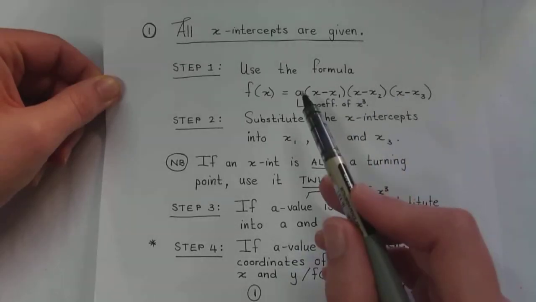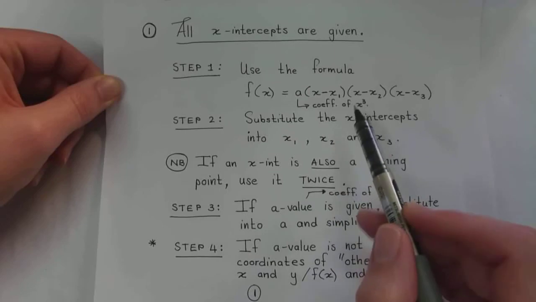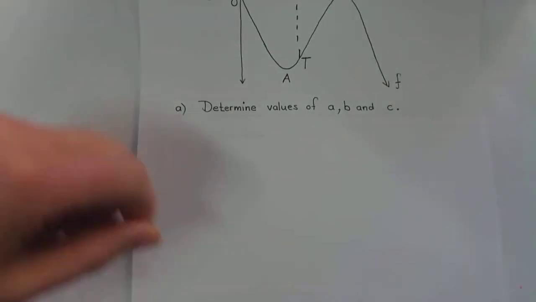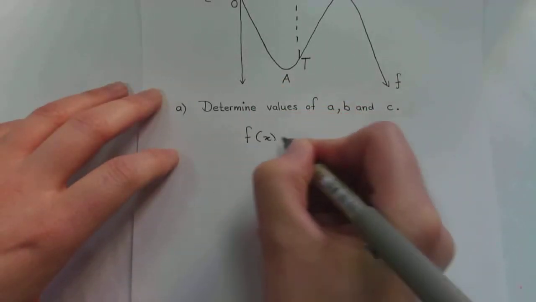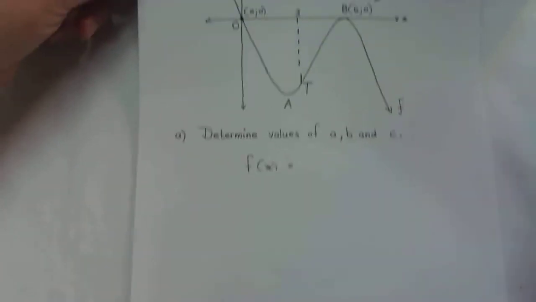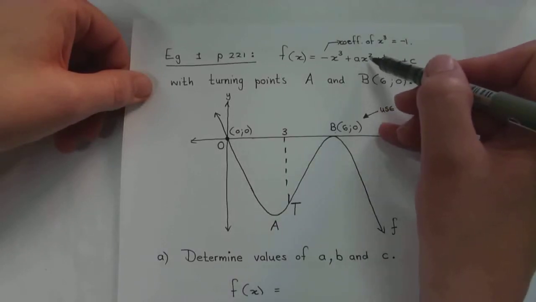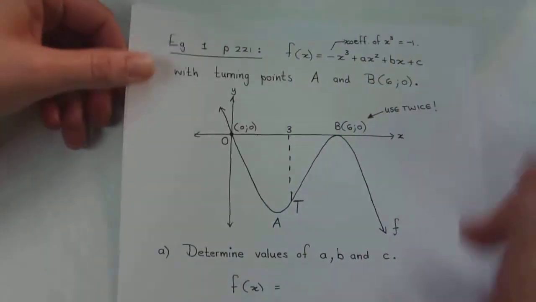So in one go, I can substitute the a value, or the coefficient of x cubed that's been given, and then also substitute my x-intercepts. So let's start with that. We're going to say f of x is equal to, and please remember this a value I'm talking about is not the a value in the equation, because here the a value in the equation is the coefficient of x squared. The a value I'm talking about specifically is the coefficient of x cubed.